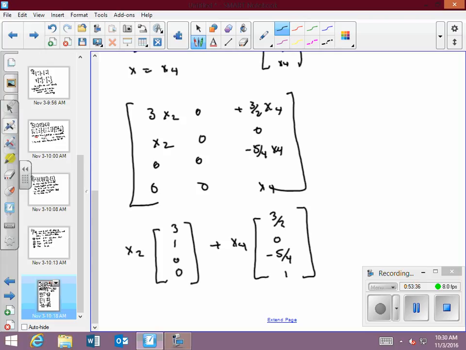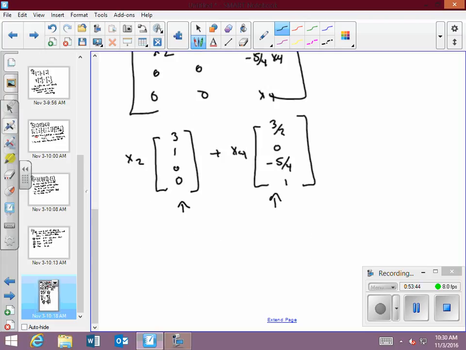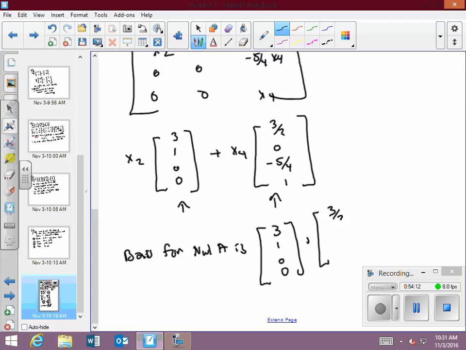Well, okay. But anyway, these two are the vectors for the basis for null A: 3, 1, 0, 0, and 3 halves, 0, minus 5/4, 1.